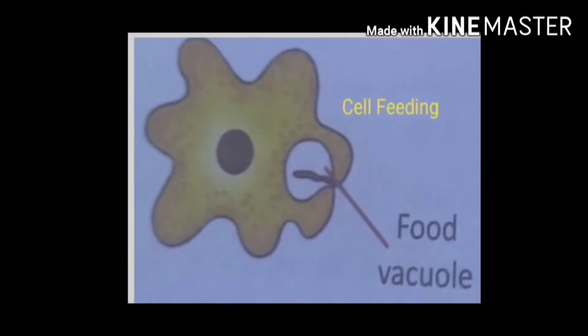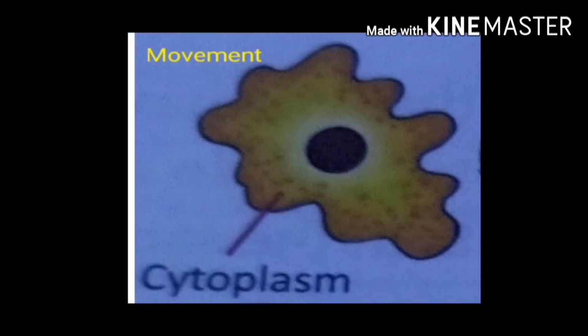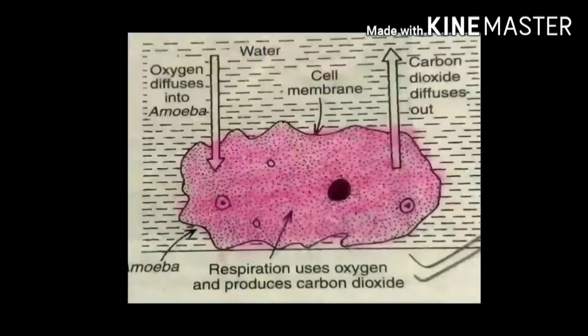For example, amoeba is a unicellular irregular organism and performs all life activities by a single cell, such as feeding, movement and respiration.